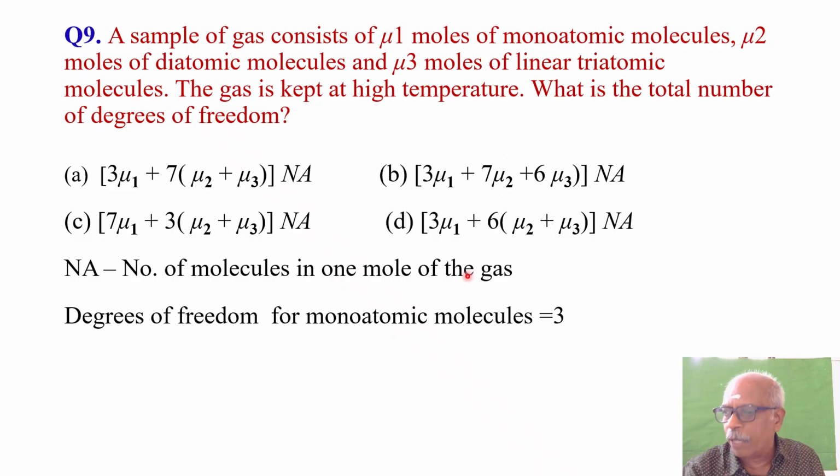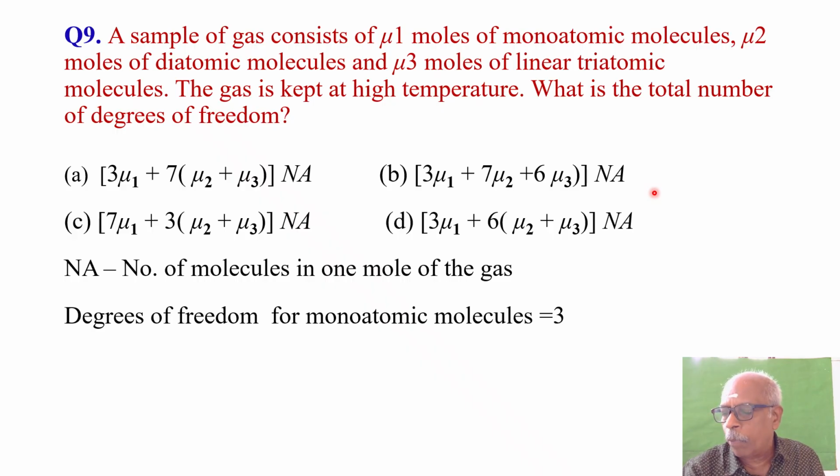For 1 mole of any gas, the number of molecules inside the gas is Na, which is your Avogadro number. In the case of mu1 moles of molecules, it is mu1 into Na. The total number of monoatomic molecules in this case is mu1 into Na. For 1 molecule, the degrees of freedom is 3.